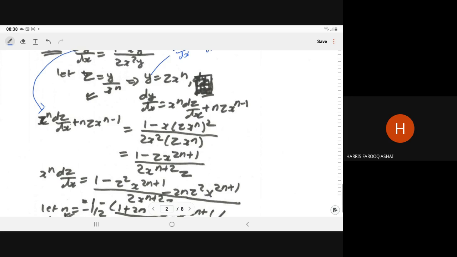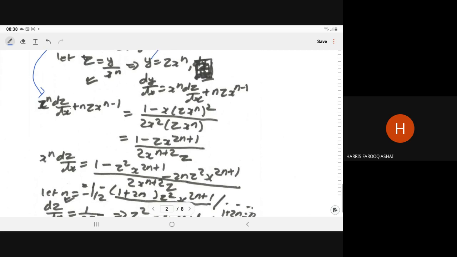So this can be written as 1 minus z square x to power 2n plus 1 upon 2 x to power n plus 2 into z. Clear this part? Up to here, any doubt?